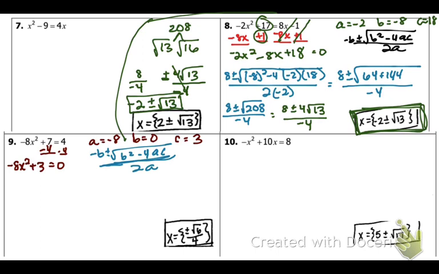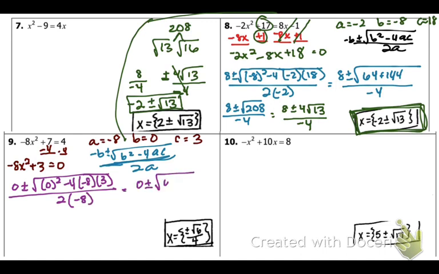Our b is 0 already, so 0 plus or minus the square root of 0 squared minus 4ac all over 2a. Whoops. Let's clean this up. 0 plus or minus the square root of 0, and then you have negative 4 times negative 8 times 3.